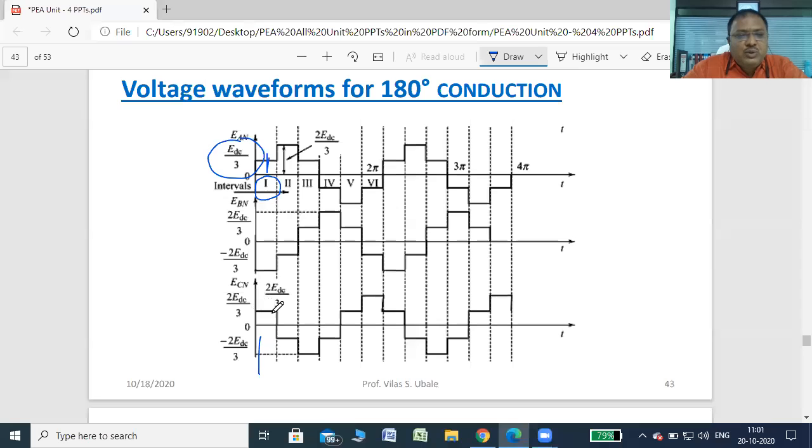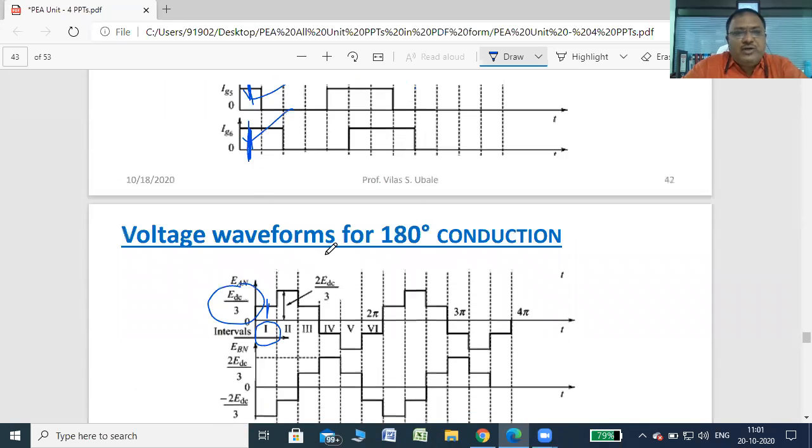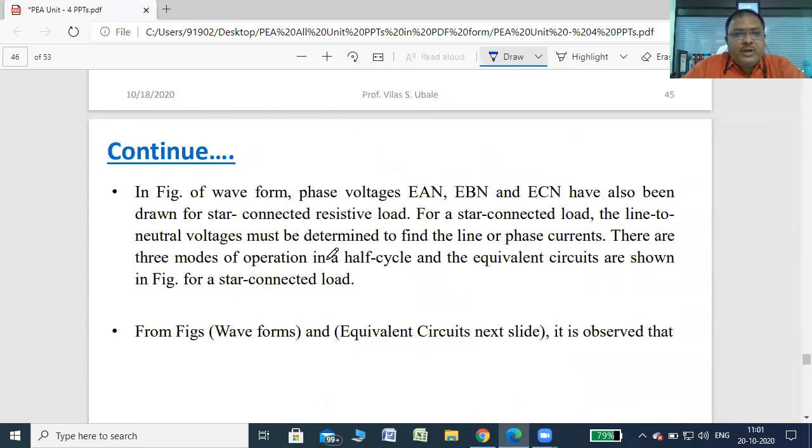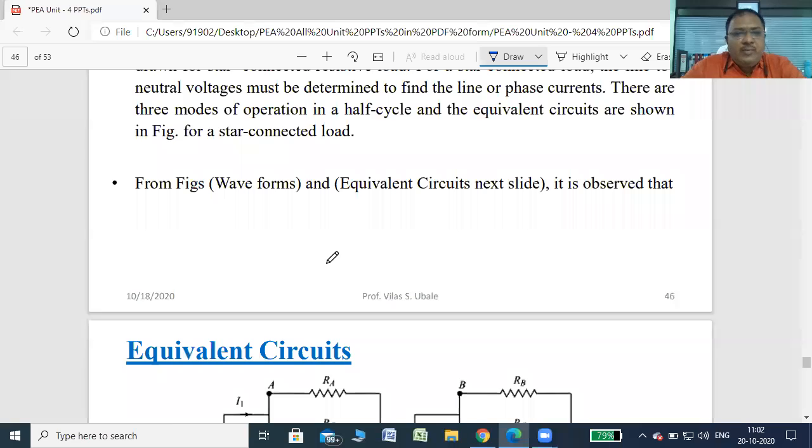So these are the voltage levels. So these are the three voltage levels we get during the first interval when S1, S5 and S6 are on, right? You can check here the equivalent circuit.